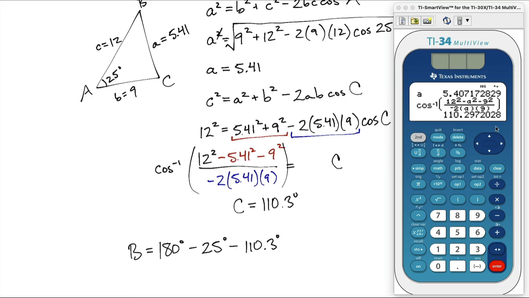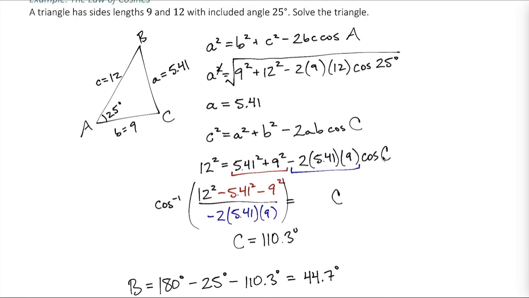Since there's only one number that I'm using here, when we type in our 180 minus 25 minus, I don't need to store that in a variable. I can actually just use the answer button. Right here you can see ANS for answer. And by hitting that, the calculator is going to use the last answer that we obtained. Okay. And we hit enter, and so we get 44.7 degrees.